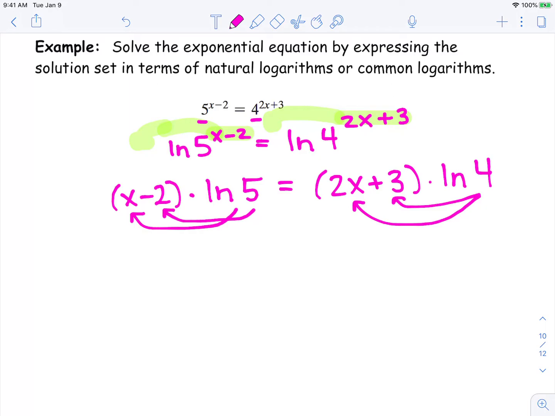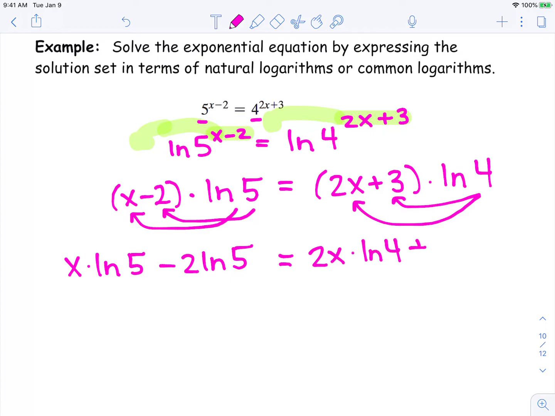So what we're going to get is x times the natural log of 5 minus 2 times the natural log of 5 equaling 2x times the natural log of 4 plus 3 natural log of 4.